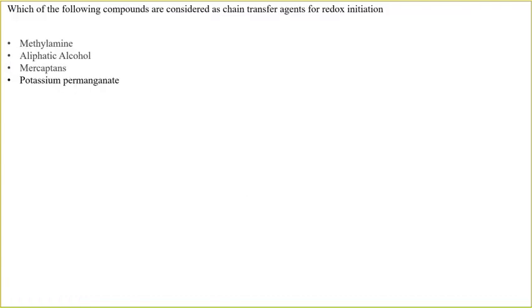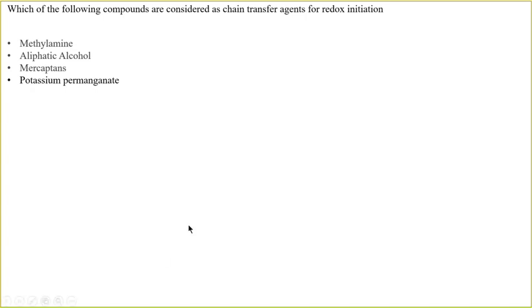Starting from the first question, which of the following compounds are considered as chain transfer agents for redox reactions? So first of all, what is chain transfer? Chain transfer agents are introduced inside a reaction which can advance the radical formation by activating the higher state ions and initiating other species.